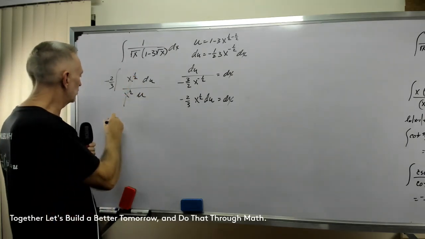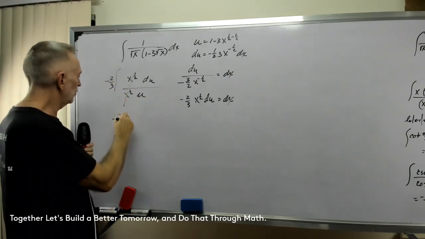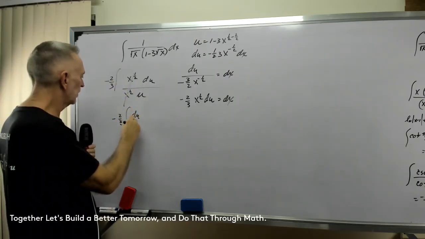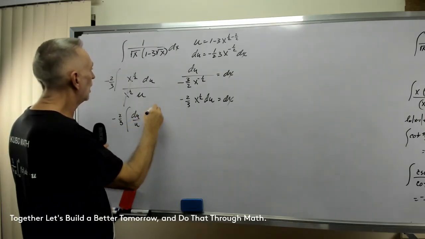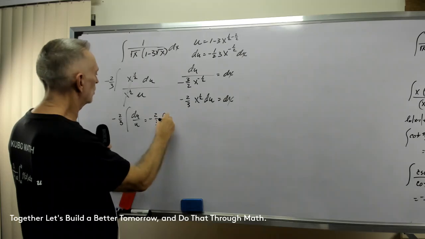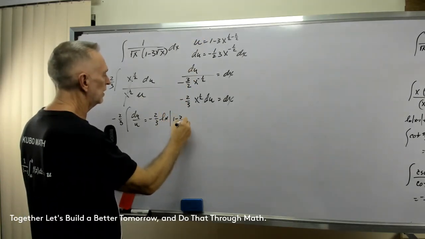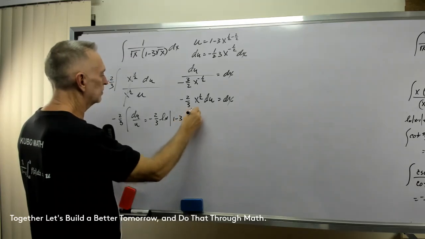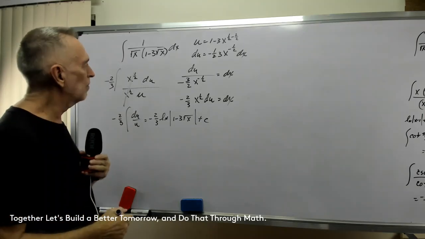Wow, this cancels. So the integral of du over u equals minus 2/3 natural log of u, and u was 1 minus 3 square root x, plus c. That's kind of a cool problem.